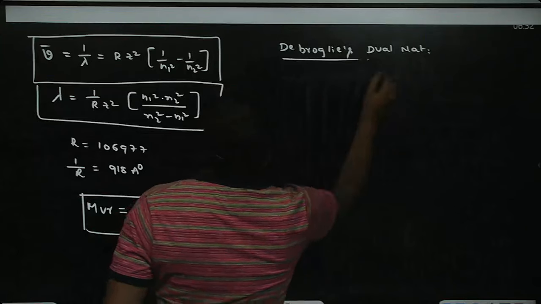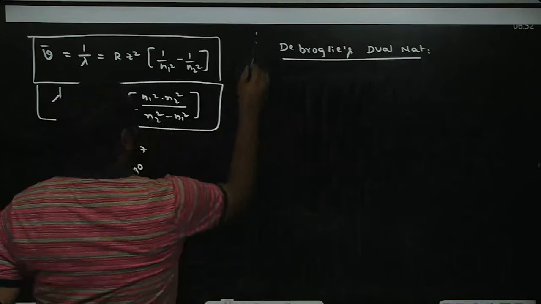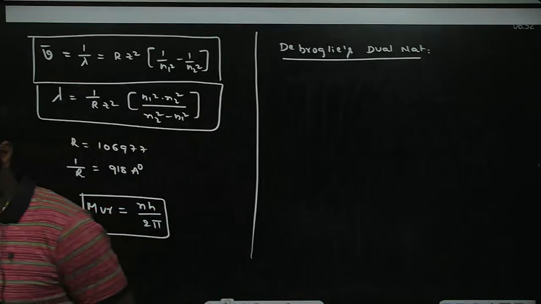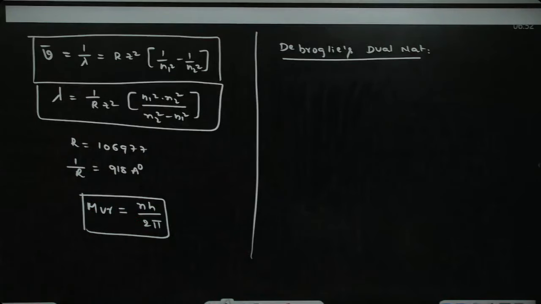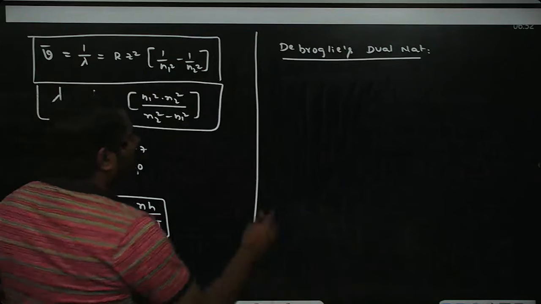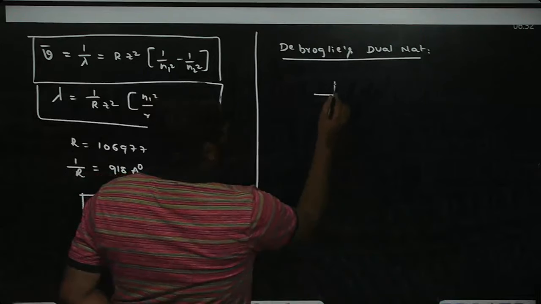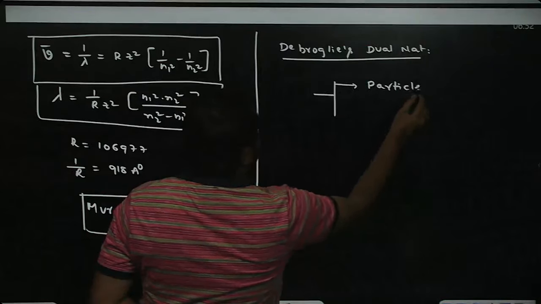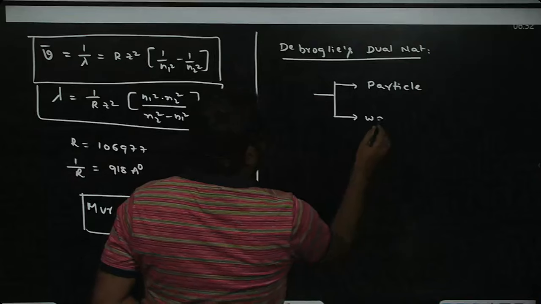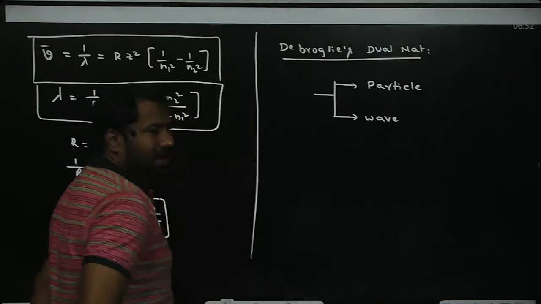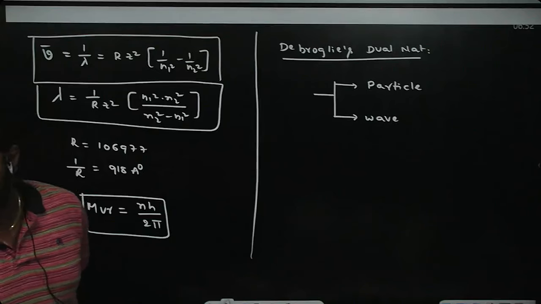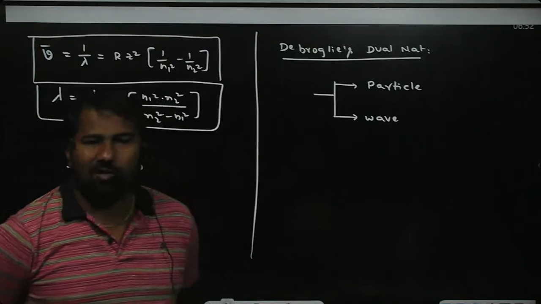The simple thing: if you take any substance, it has two different types of nature, one called particle nature and the other wave nature. We find both natures for an object. But when does particle nature dominate over wave nature, and when does wave nature dominate?